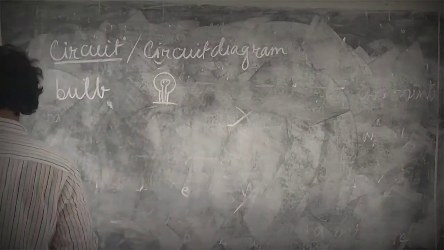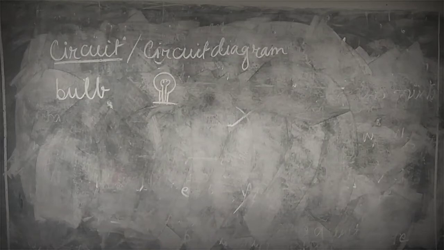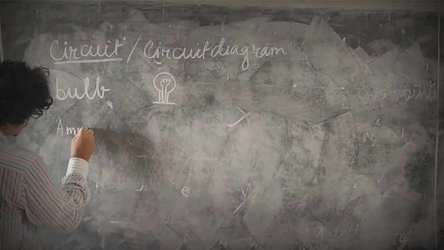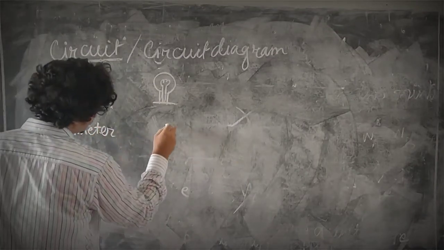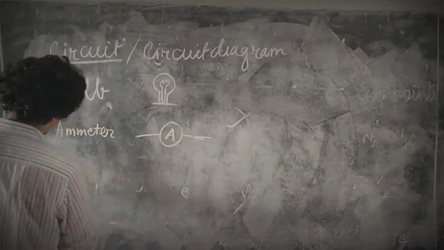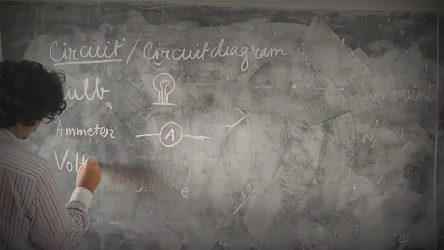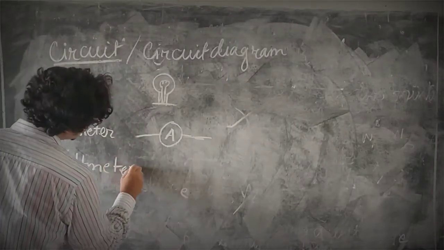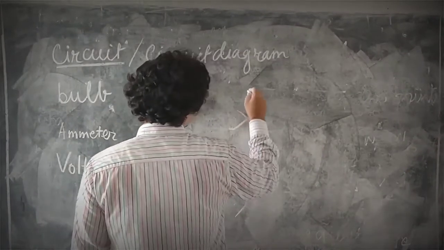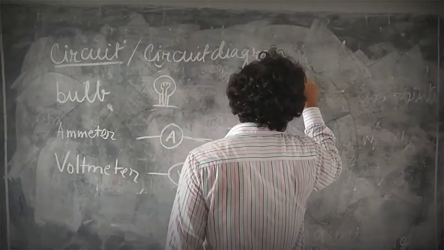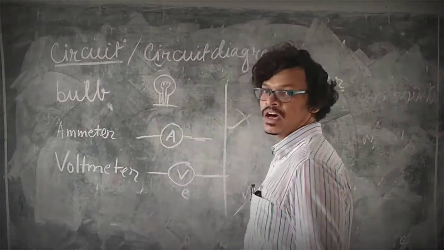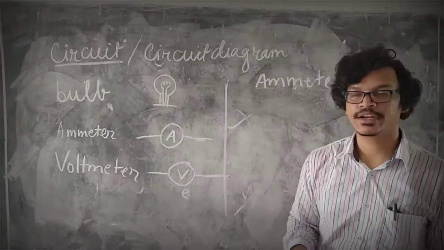Circuit. Ammeter, voltmeter. What is an ammeter? An ammeter is an instrument which measures current.